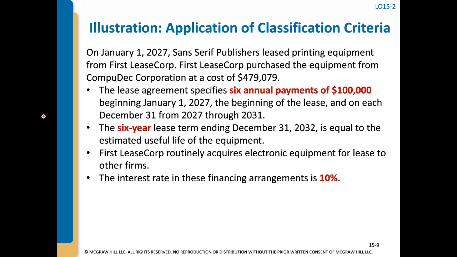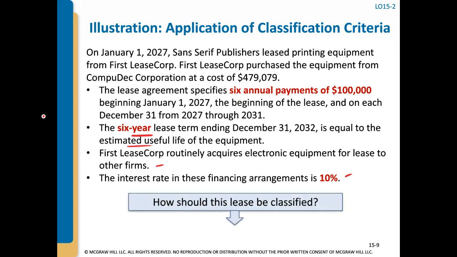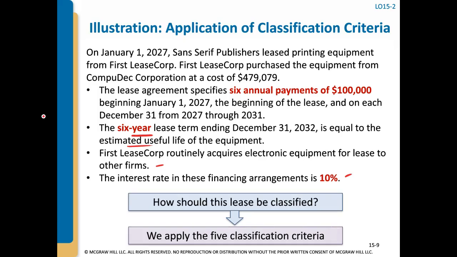The 6-year lease term ending December 31, 2032 is equal to the estimated useful life of the equipment. So basically the lease term equals the useful life. First Lease Corp routinely acquires electronic equipment for lease to other firms, and the interest rate we're going to use in these financing terms is 10%. How should I classify this lease?